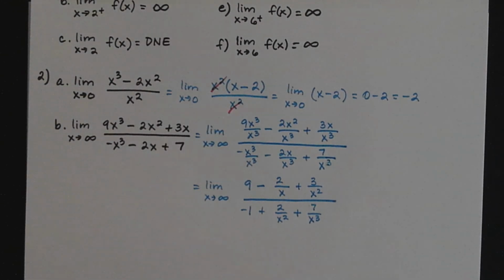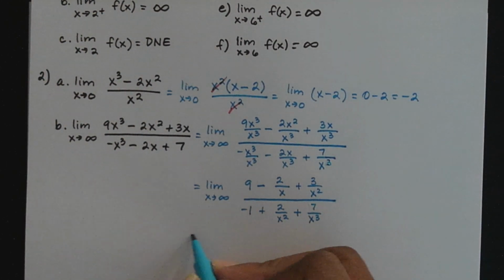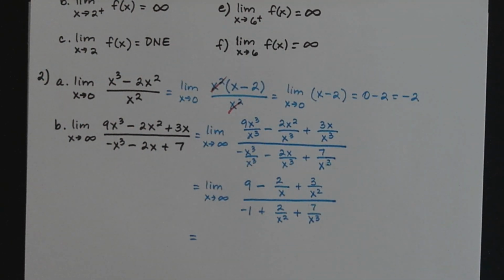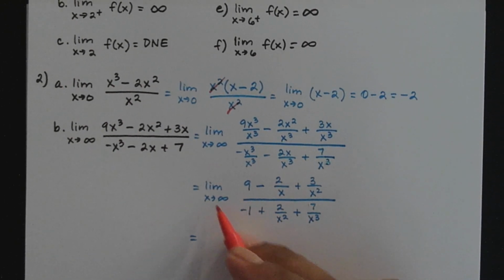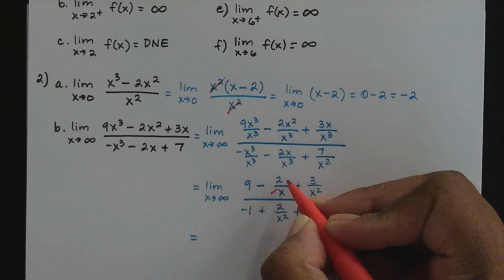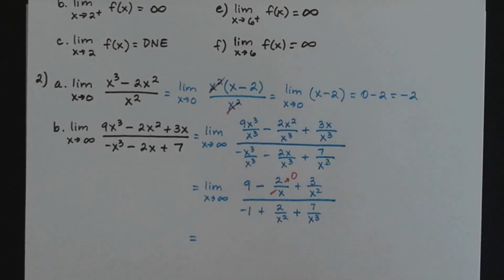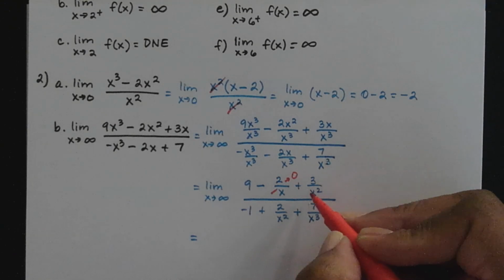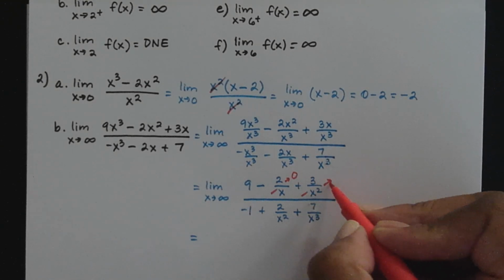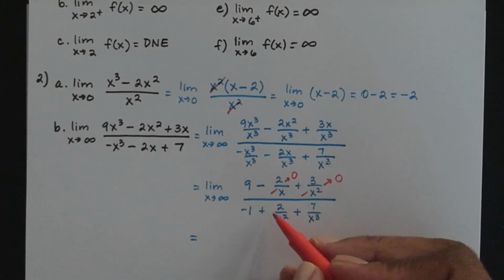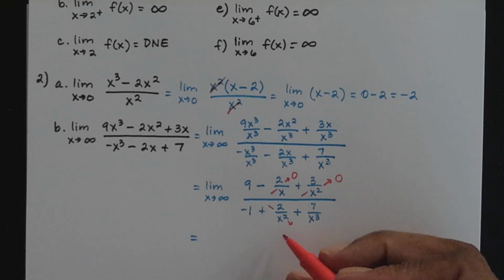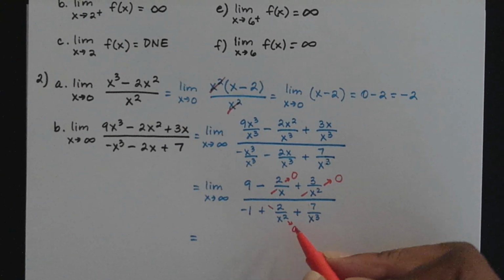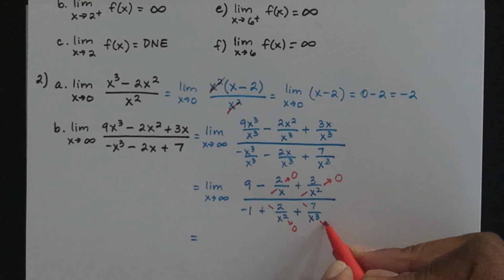Okay, now let's go ahead and take the limit as x approaches infinity. For that 2 over x, if I let x approach infinity, that 2 over x will be getting closer and closer to 0. Same thing for the 3 over x squared. That's going to get closer and closer to 0. And then for 2 over x squared, when I take its limit as x approaches infinity, it'll get closer and closer to 0.